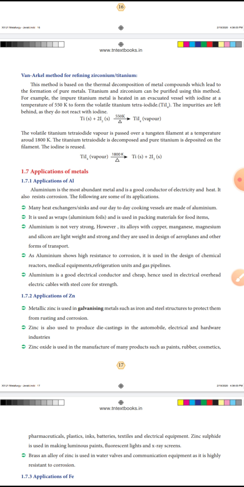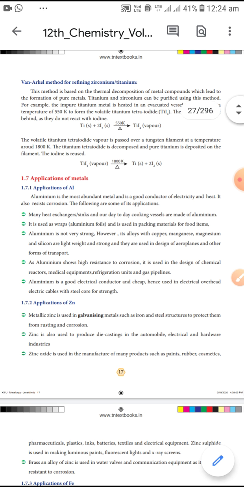Aluminum shows high resistance to corrosion, so it is used in the design of chemical reactors, medical equipment, refrigeration and gas pipelines. Aluminum is a good electrical conductor and low in cost, so it is used in electrical overhead cables, with a steel core for strength. Next, the application of zinc.